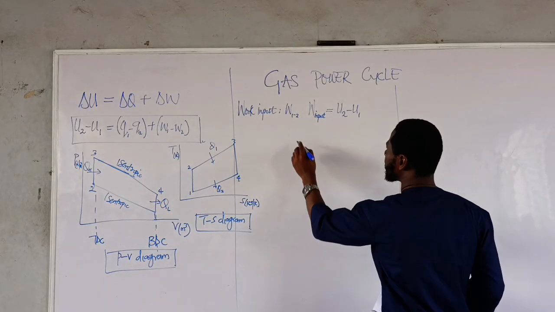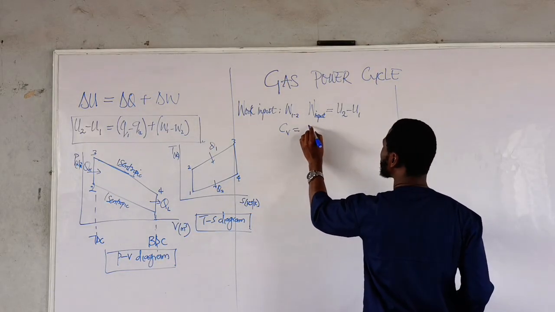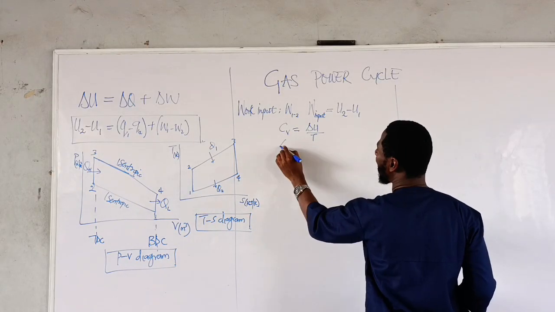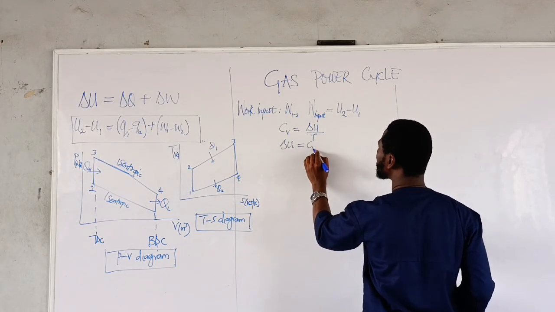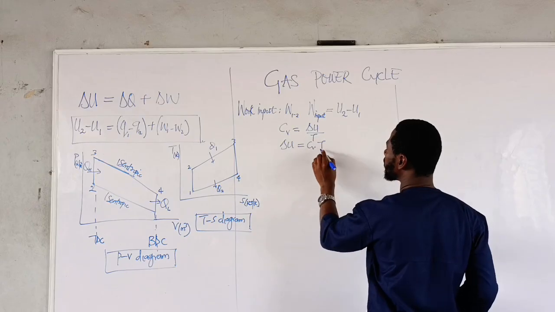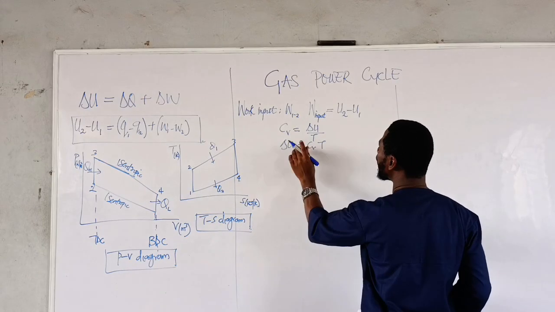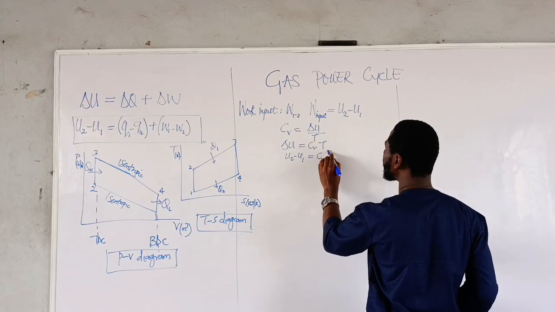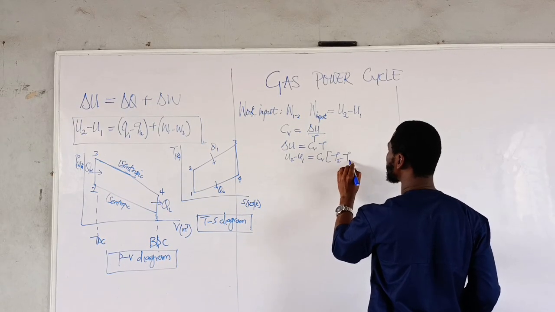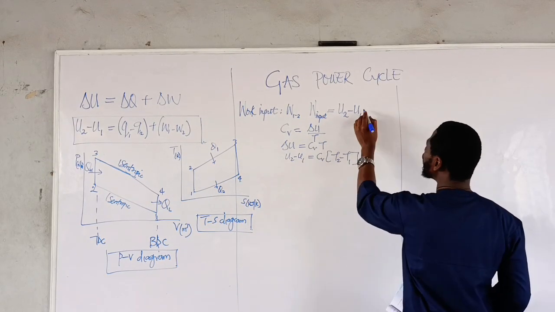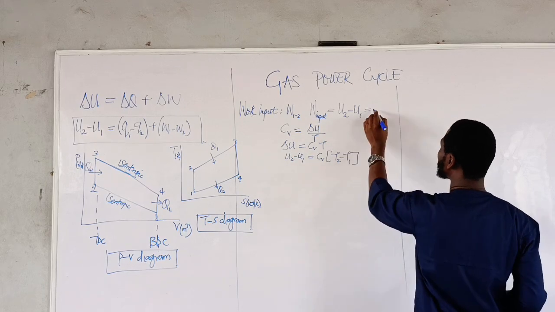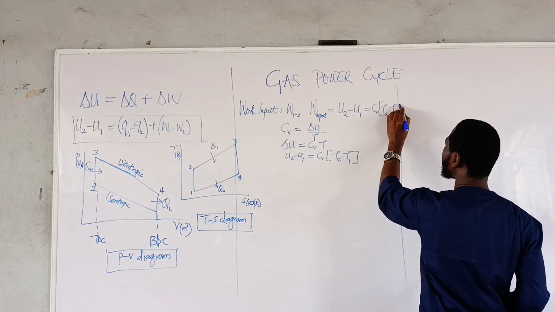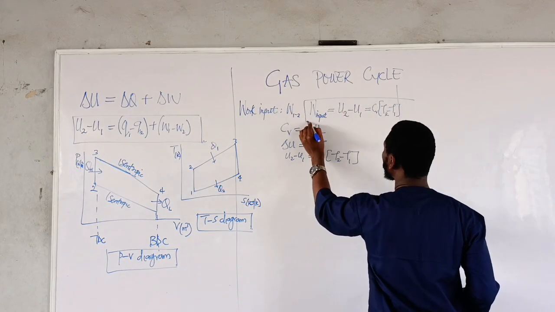Don't forget, CV equals change in U over change in T, and change in U becomes CV dT. So U2 minus U1 becomes CV into bracket T2 minus T1. So that is the work input.